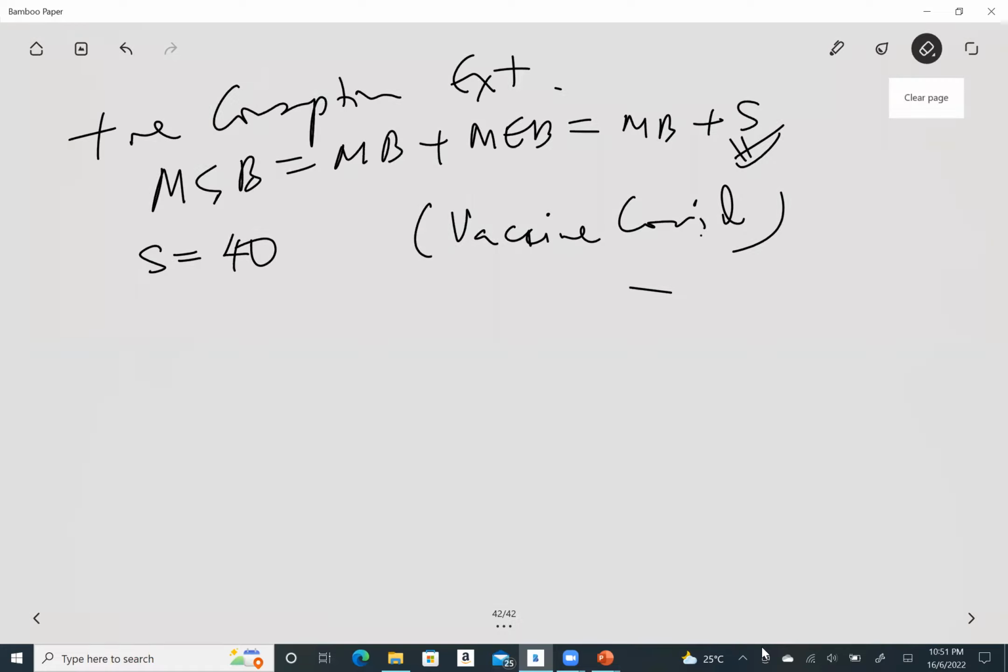So here, for part B. Okay, total cost. What is the total cost of producing the public good?